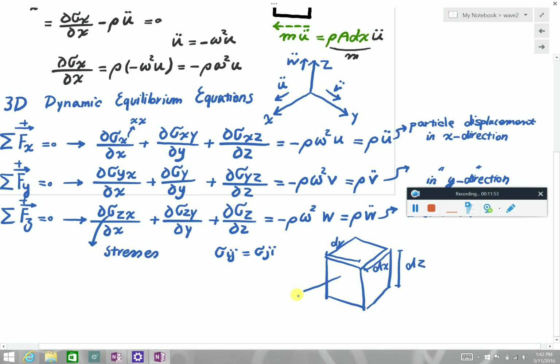This would be sigma x or sigma xx, and for example here would be the component, the way we named it, sigma xy, so it is acting on the face which is perpendicular to y. However, the direction is x.